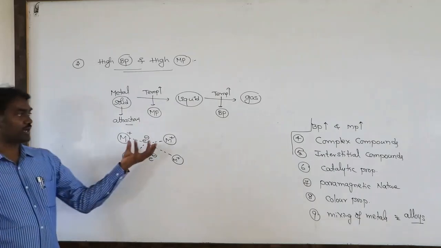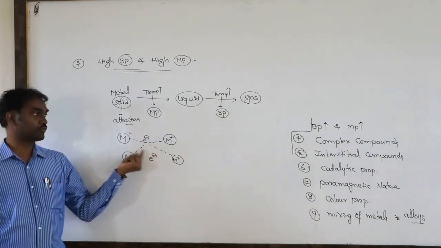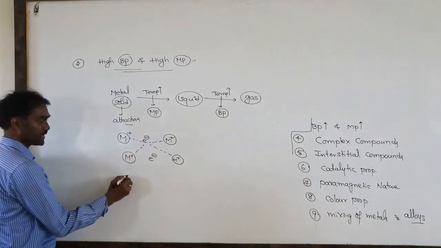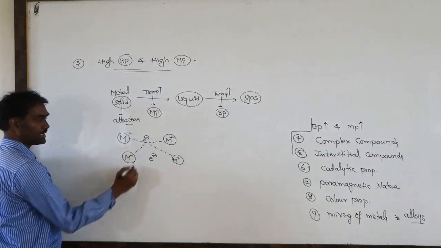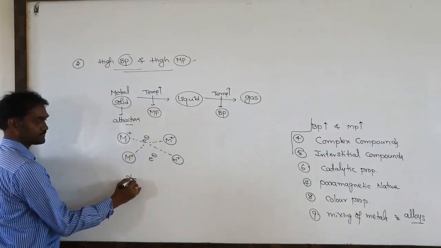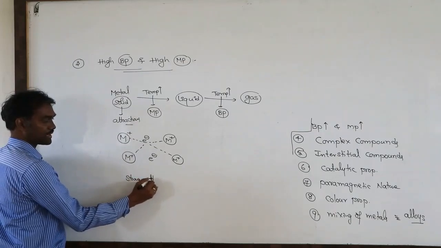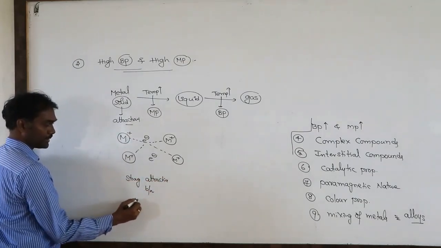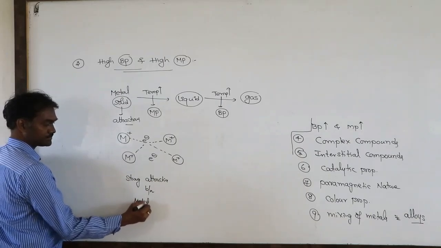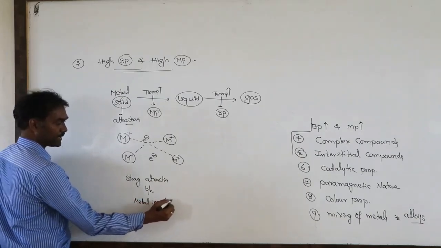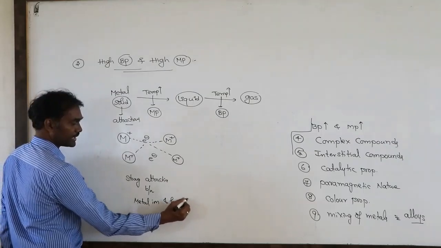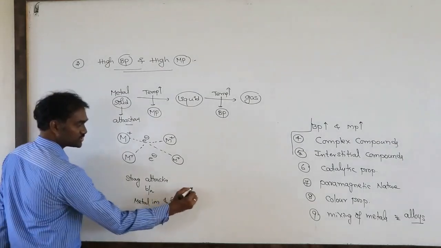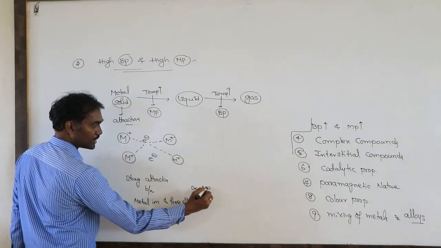So strong attractive forces are there. Strong attractions between metal ions and free electrons are what you call a metallic bond.